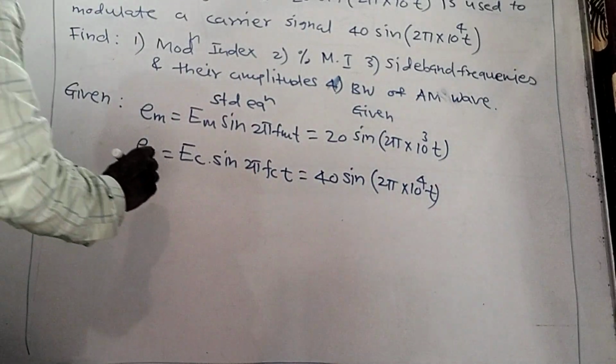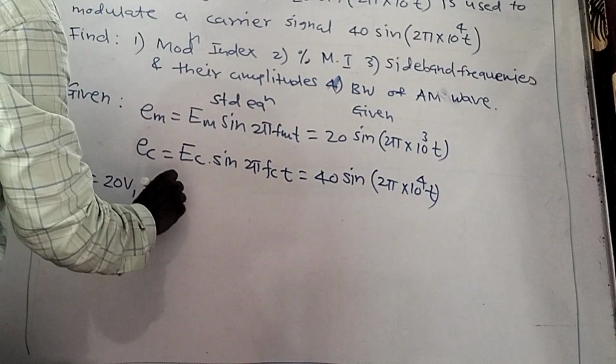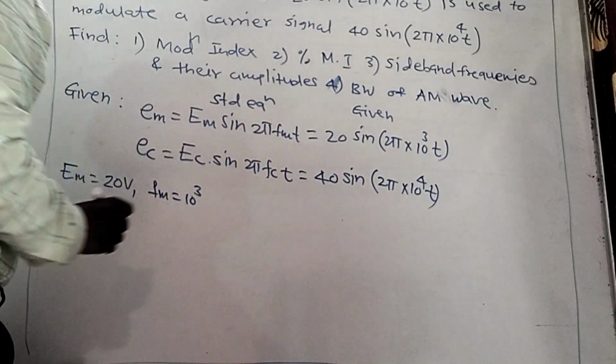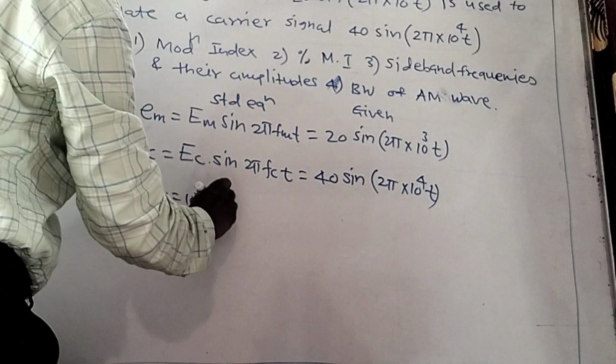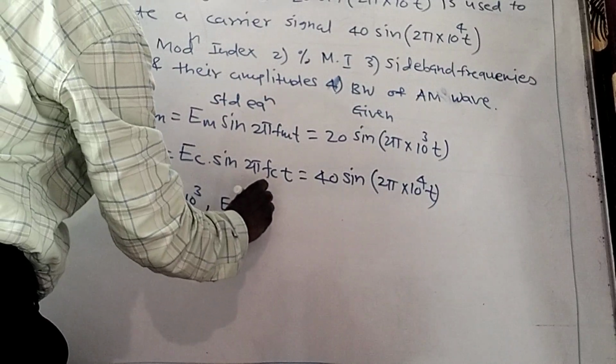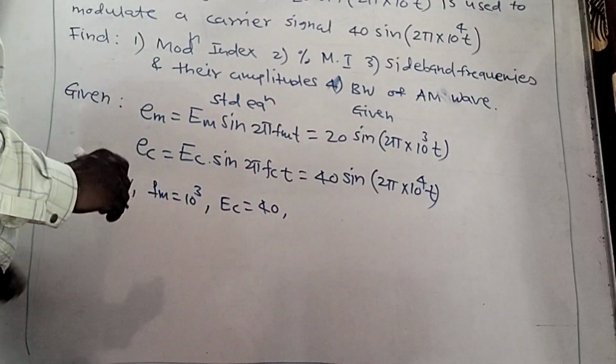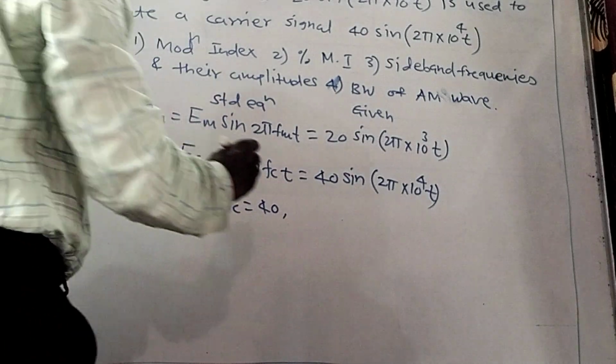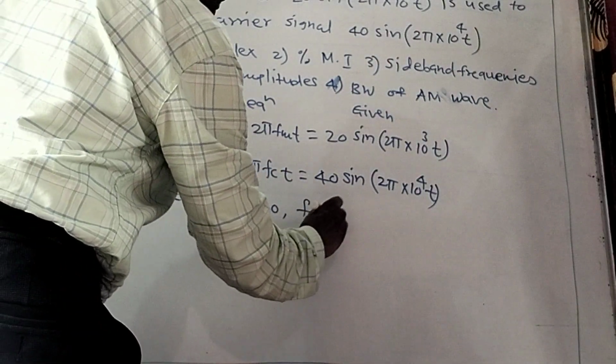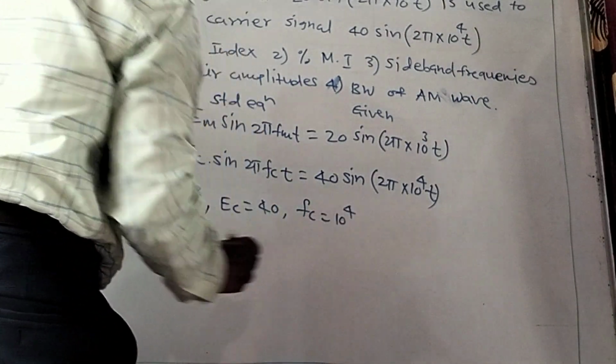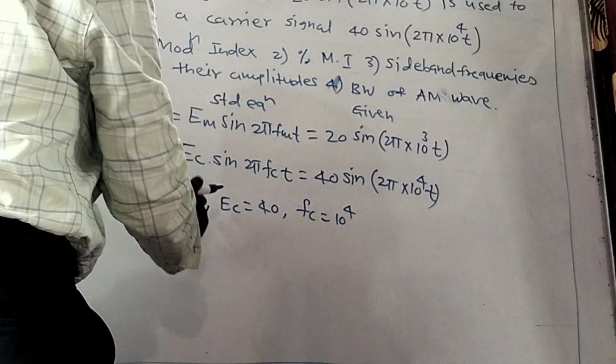Then FM is equal to 10 raised to 3. Then EC is equal to 40 volt, and last one, FC is equal to 10 raised to 4 hertz.